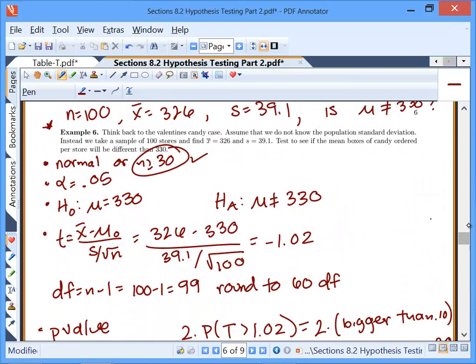I was trying to find evidence against the null hypothesis and for the alternative that mu is not equal to 330. In this case, I didn't find enough evidence to reject this, so I didn't find enough evidence to conclude that it is not 330.